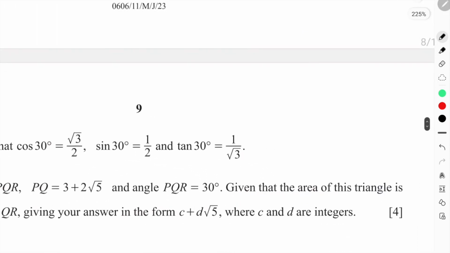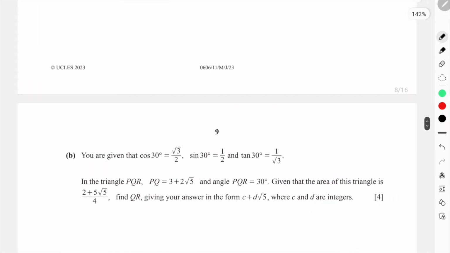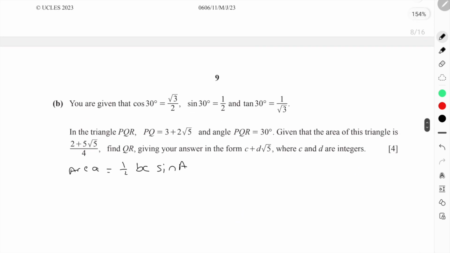Okay, I guess we can use half BC sine A for this. So area equals half BC sine A. And now area is 2 plus 5 root 5 by 4. And then half into B is gonna be 3 plus 2 root 5 into QR into sine 30.